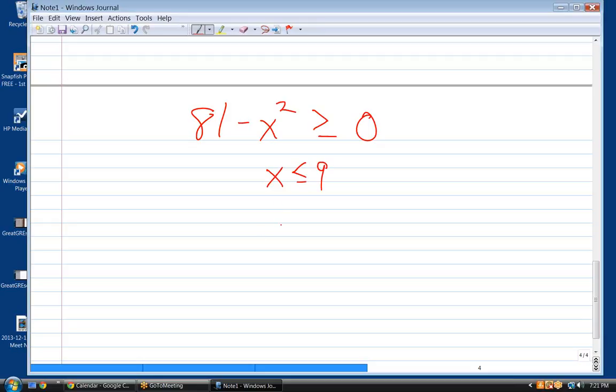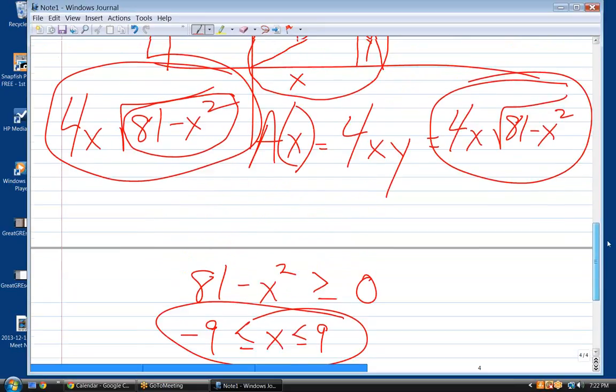How about or greater than negative 9? In other words, it actually has to be in that range right there. Any x, in other words, minus 8 works also. So that's the domain of x, from minus 9 to plus 9.